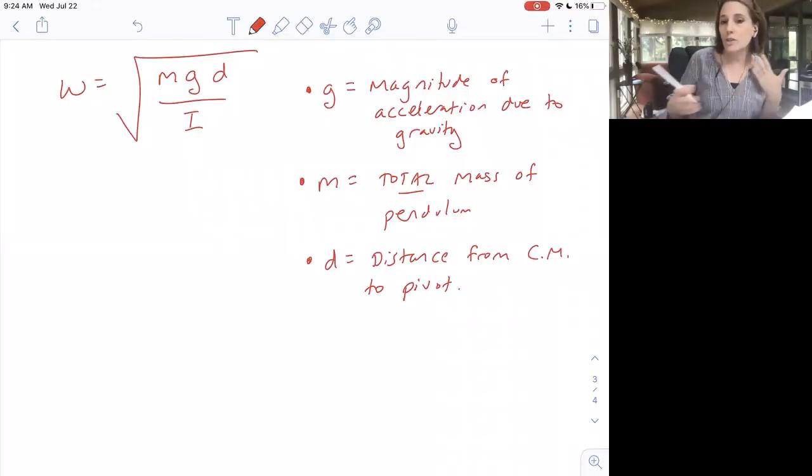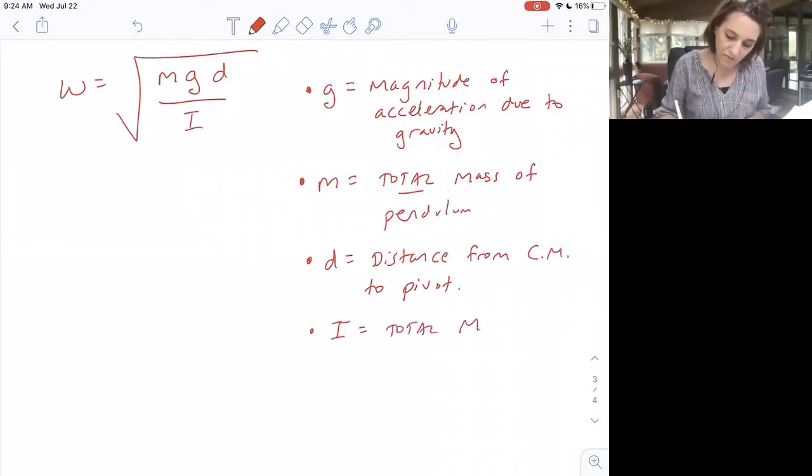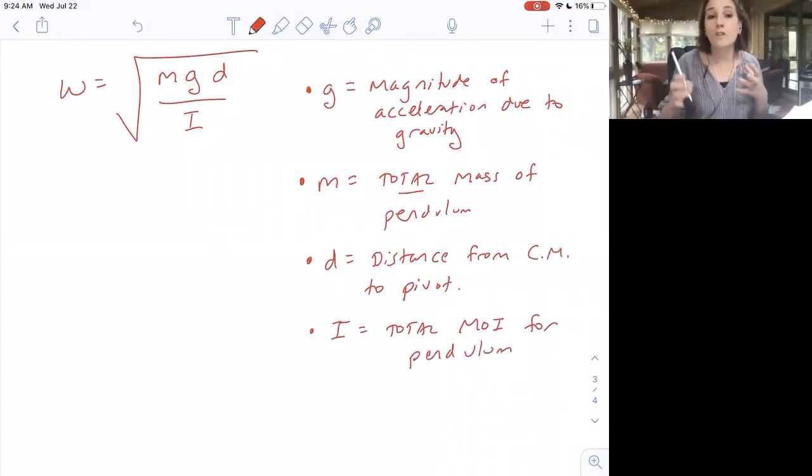When you do that calculation, you might as well do it relative to the pivot. And then lastly, I is our total moment of inertia for the pendulum. So again, you would combine the moments of inertia of all the parts of your pendulum. Knowing those definitions for each part of the equation will allow you to calculate the angular frequency, and therefore you can calculate the regular frequency as well as the period.